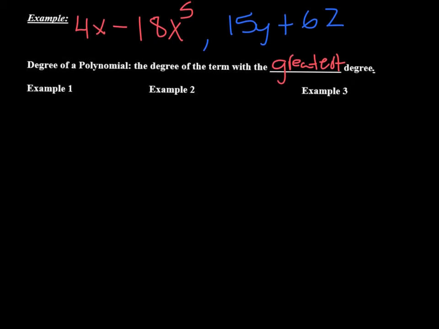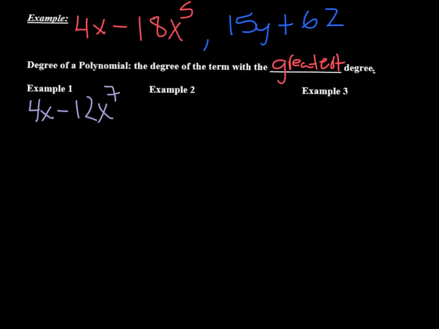Alright, let's say we have 4x minus 12x to the 7th power. What I would do is write each individual monomial down and find their degrees, and then choose which one has the highest degree.